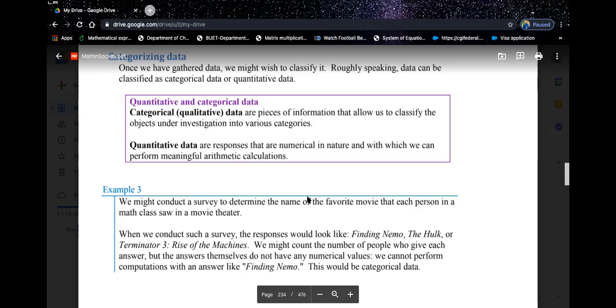If it doesn't have any meaningful calculations, then it will have some other aspects to consider. Like it will have some information which will help us to classify different objects, right? So if it has numerical significance, we say it's quantitative because the quantity will matter.